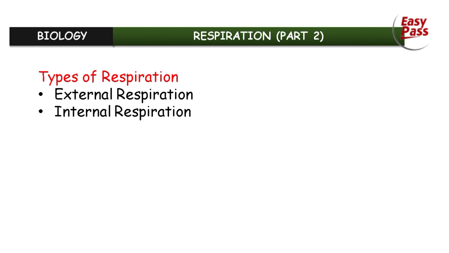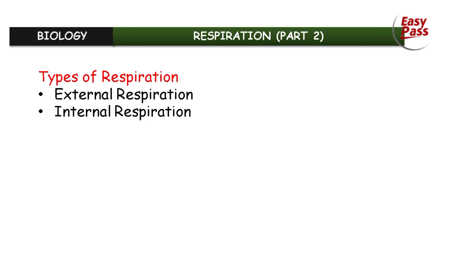Now the first one, which is external respiration. External respiration is the type of respiration that is usually given to us in elementary school, which involves the breathing in of oxygen and the breathing out of carbon dioxide.